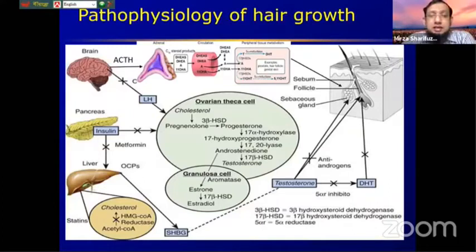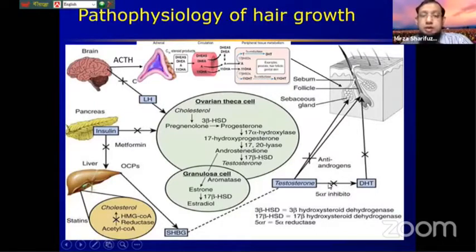You see here the underlying mechanism of hair growth. As I mentioned earlier, androgen is the main culprit in hair growth. And we know androgen has 2 sources. One is the adrenal cortex and another is the ovary in women.